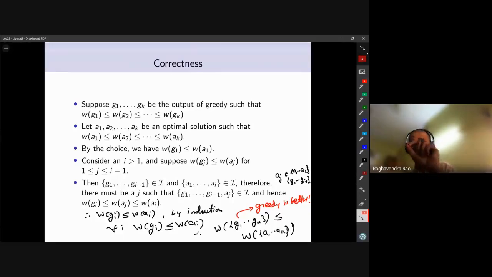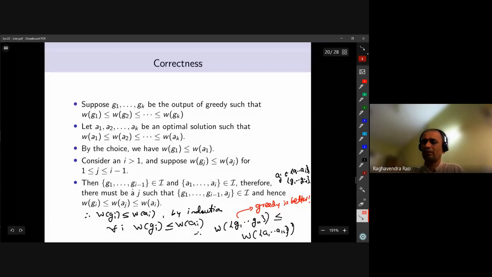So like you said, yes, Aj is one of the candidates among them. So weight of Gi has to be smaller than or equal to weight of Aj. But the way we have chosen, it should be smaller than or equal to weight of Ai. It could be that i equals j. We have no control on it, and it doesn't matter.